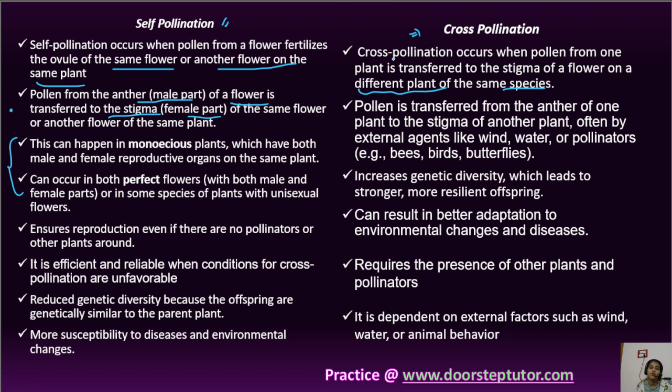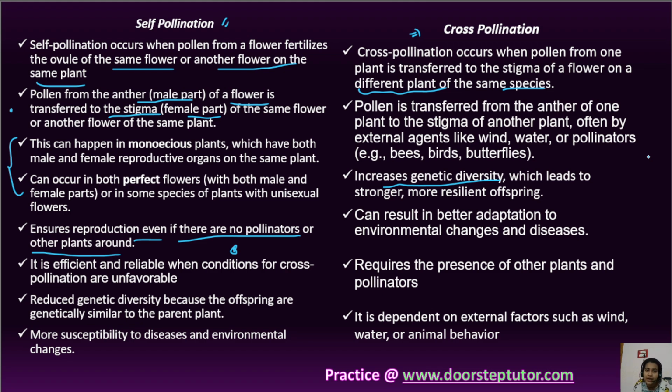Now let's talk about some advantages and disadvantages. Firstly, self pollination ensures reproduction even if there are no pollinators or other plants around. Because this is self pollination, there is no need of any pollinator. While the advantage of cross pollination is that it increases genetic diversity, and it leads to stronger offspring which are resistant to some diseases as well.